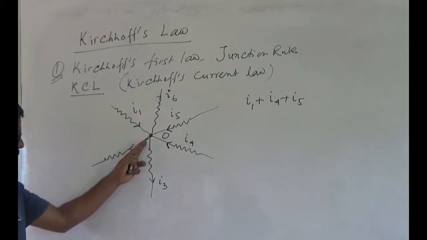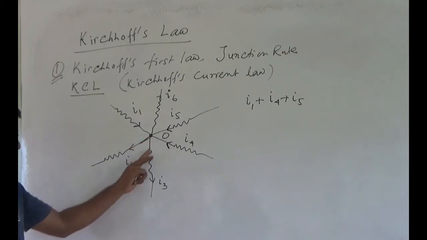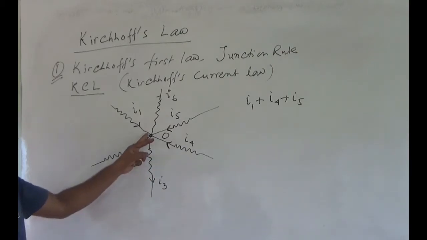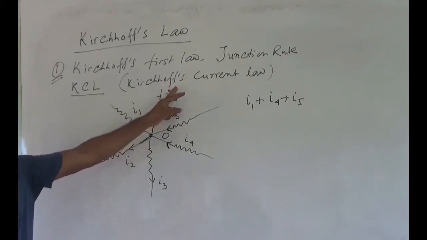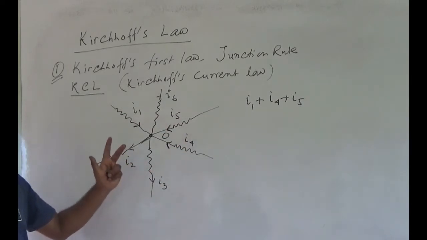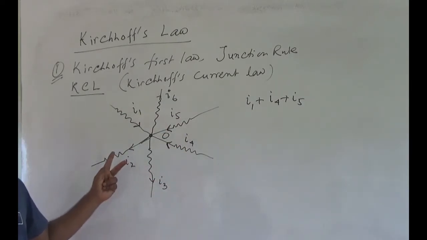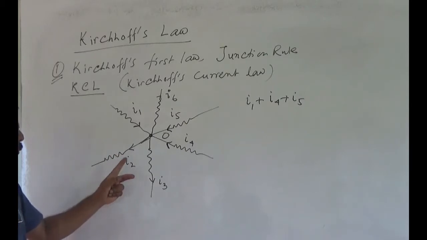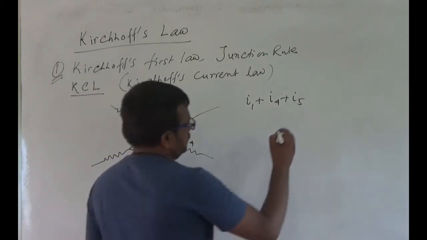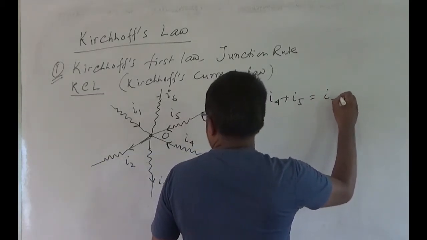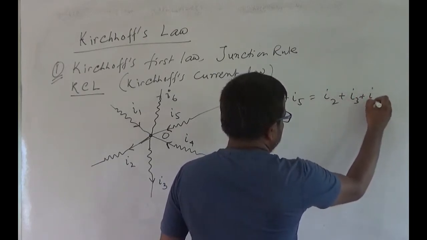Current I2 is leaving the junction, current I3 is leaving, and current I6 is also leaving. Therefore, the sum of the currents leaving the junction will be I2 plus I3 plus I6.